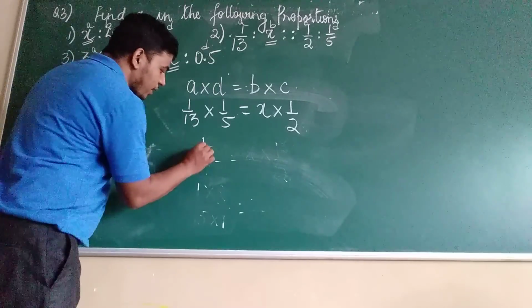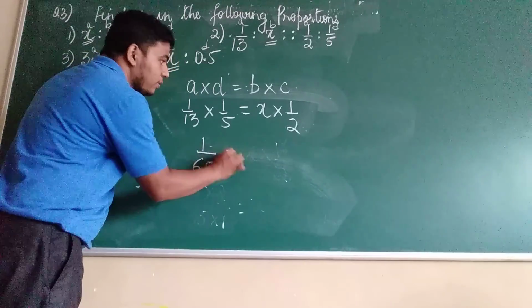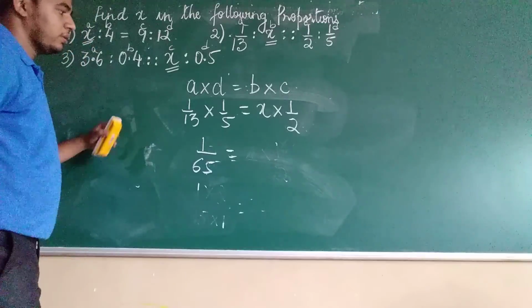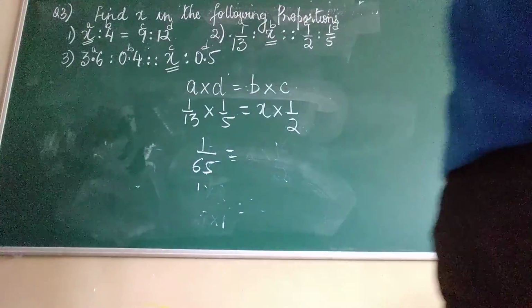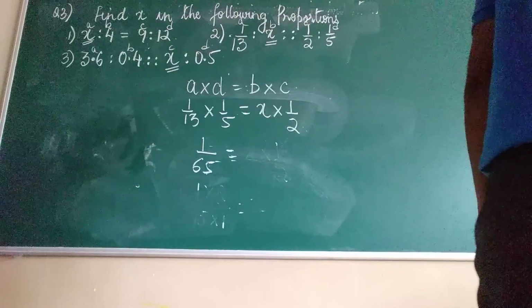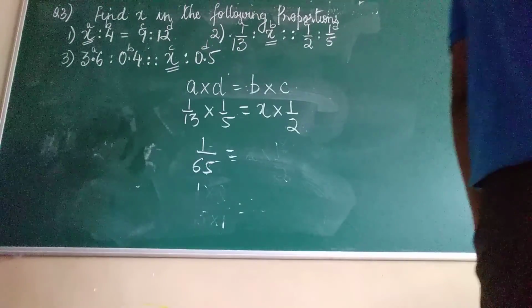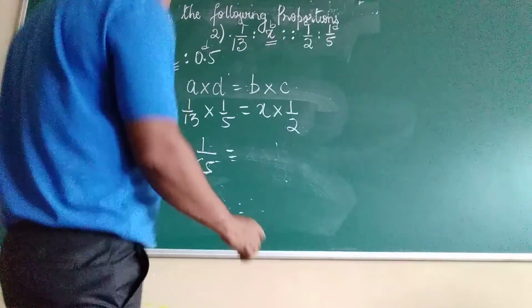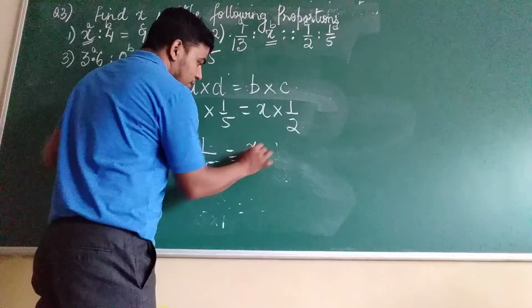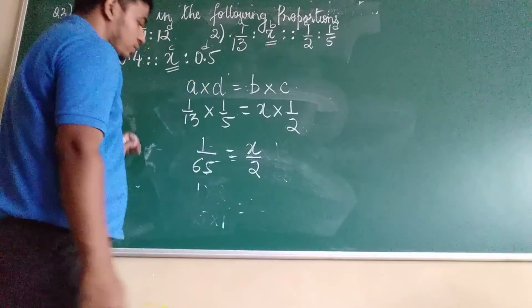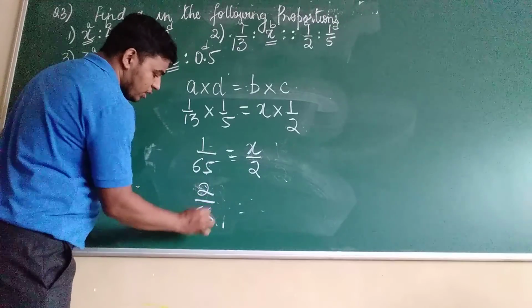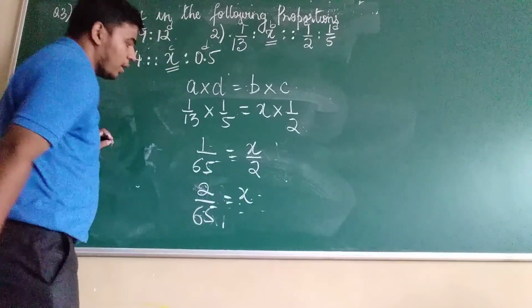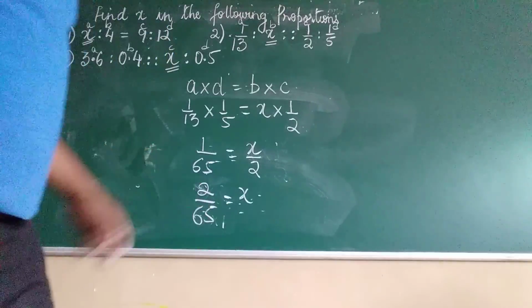So you get 1 by 65 is equal to x by 2. So 2 will come up, you get 2 upon 65 is equal to x. So this is the answer.